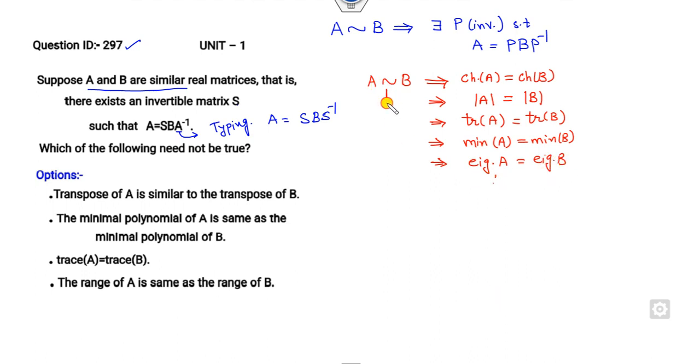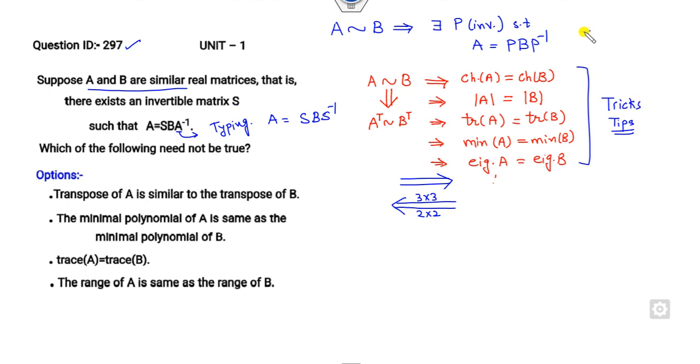Also, if A is similar to B, then it implies A transpose is similar to B transpose. These are some common tricks, or tips, for you if anybody needs them in other examinations. Remember, all are in this way, but if you want to see the converse, it will be applicable only for 2 cross 2 and 3 cross 3.